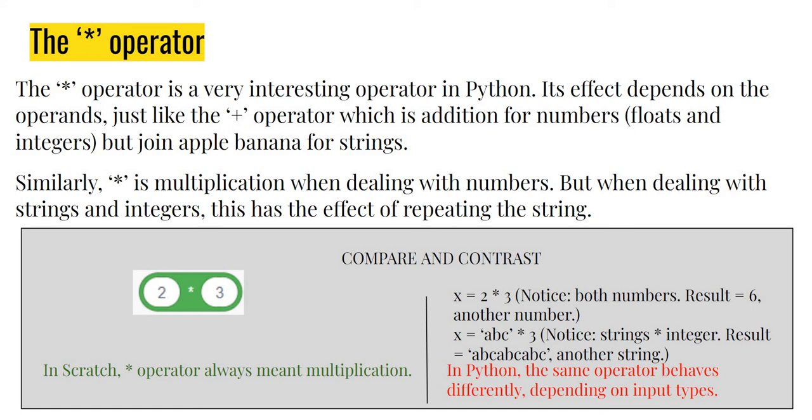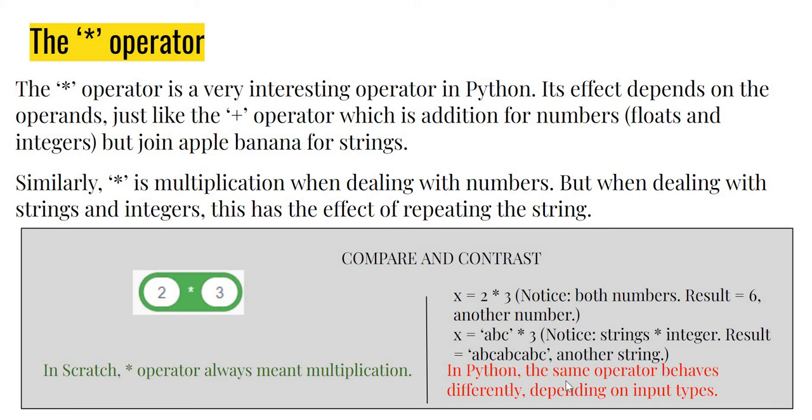But if I'm dealing with strings and integers, which means that if I have a string star integer, it's going to repeat the string. But if I have a string star some floating point or something like that, then that's going to give me an error. Or string star string is also going to give me an error. So for example, 2 star 3 is 6 because both are numbers. But ABC star 3, because it's string times integer, it's going to be ABC, ABC, ABC, which is another string.